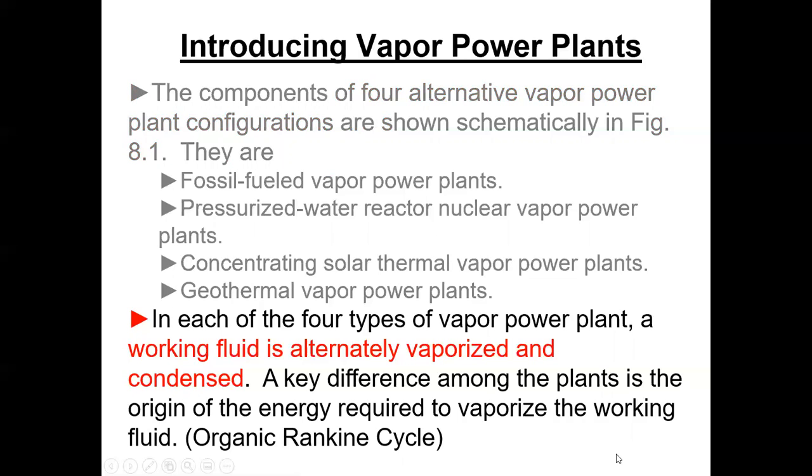And we can have different fluids used. Key difference among the plants is the energy required to vaporize the working fluid. And there are cycles out there for heat recovery that are termed organic Rankine cycles. They're a simple Rankine cycle, but they utilize a working fluid that's not water.